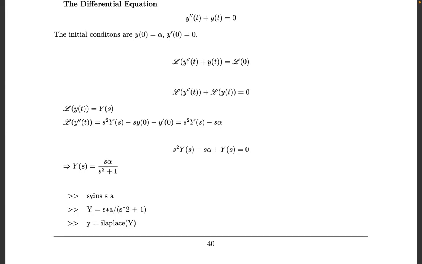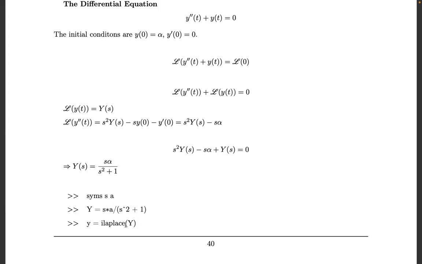Again, define symbolic constants in MATLAB. Since we cannot have alpha in MATLAB, we use a instead. So Y equals s times a over s squared plus 1.